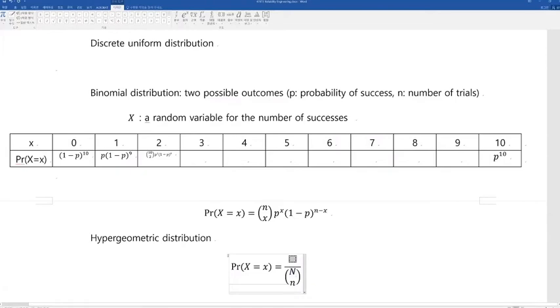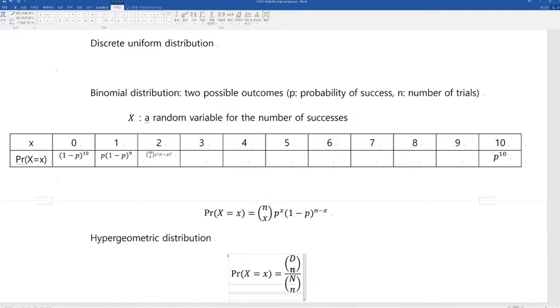So what would be the cases of interest? We need to select... There should be n defective. There are D items of interest.